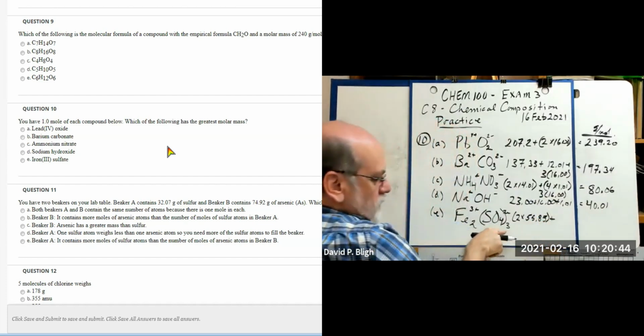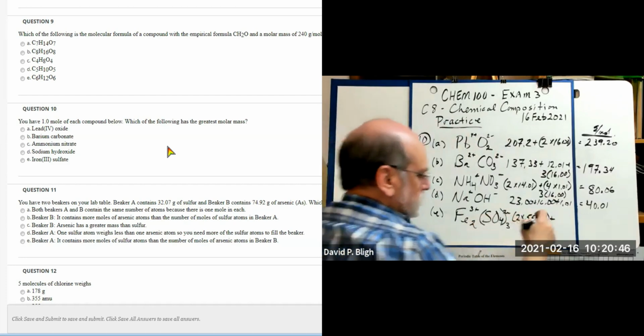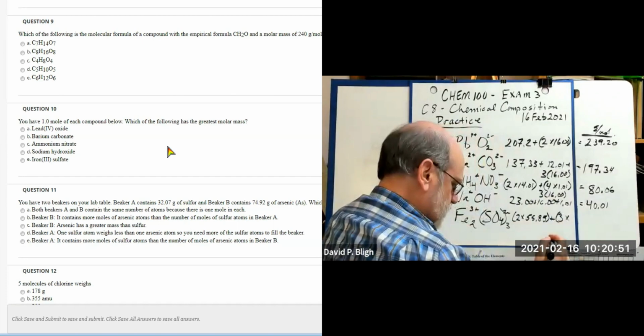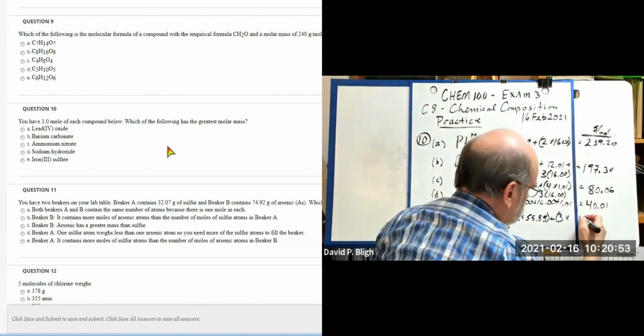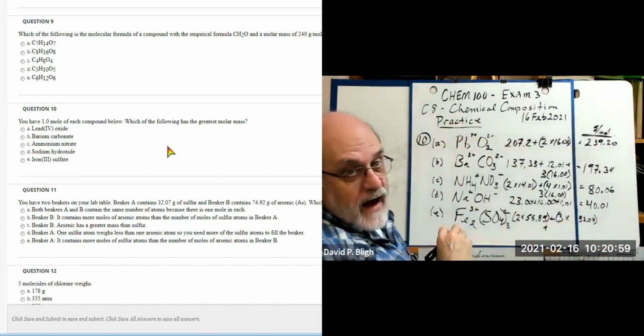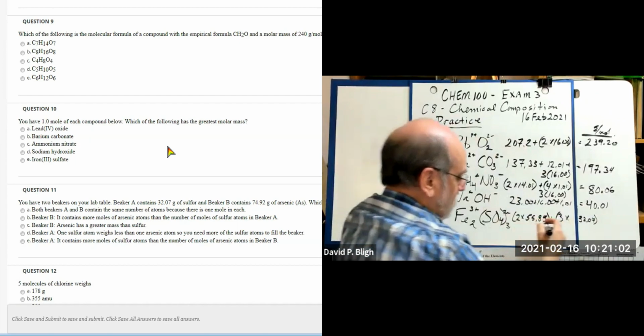And then how many sulfurs? 3 sulfurs, which is 3207. And then 12 oxygens, 3 times 4.